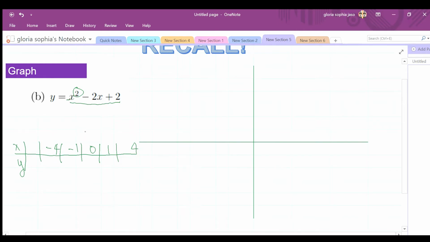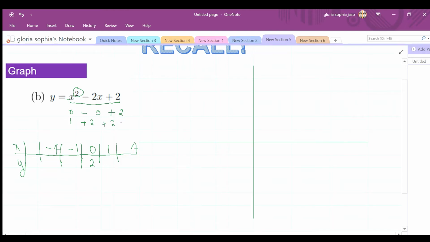Okay? So, let's evaluate. So, sa una, class, for 0, dito tayo magsimula. So, 0, ayan, minus 2 times 0, so 0 pa rin, plus 2. So, the answer is 2. Okay? For negative 1 naman, negative 1 squared, so that's 1, minus 2 times negative 1, so that's positive 2, plus 2.